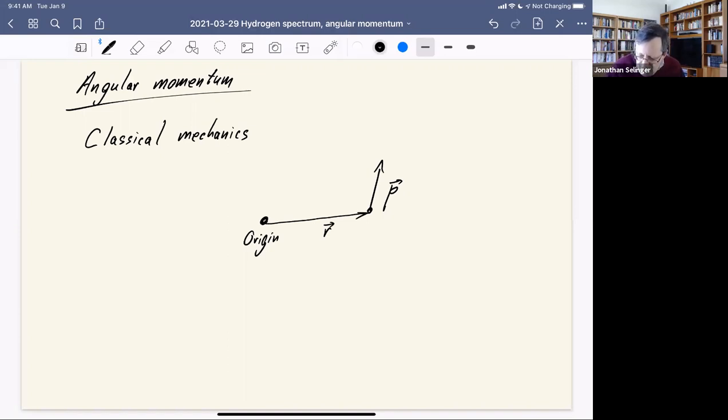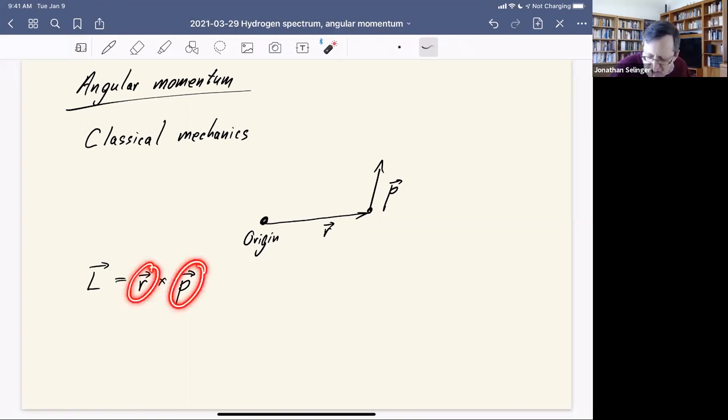The angular momentum about the origin is defined as R cross P, and that is given the letter L, right? And so we already have quantum mechanical versions of the position R and the linear momentum P. Now let's make a quantum mechanical version of the angular momentum L and see what the properties of that might be.